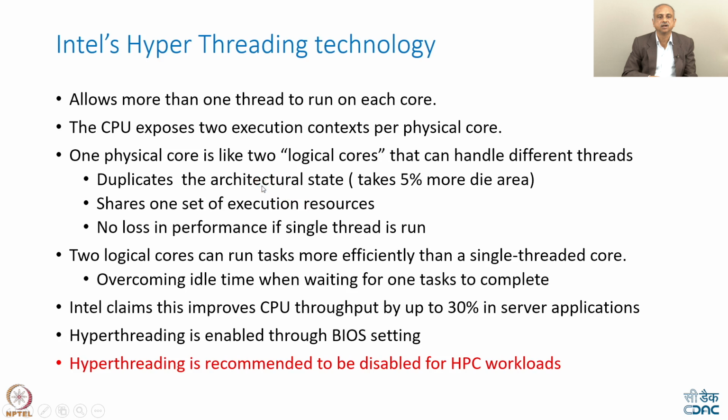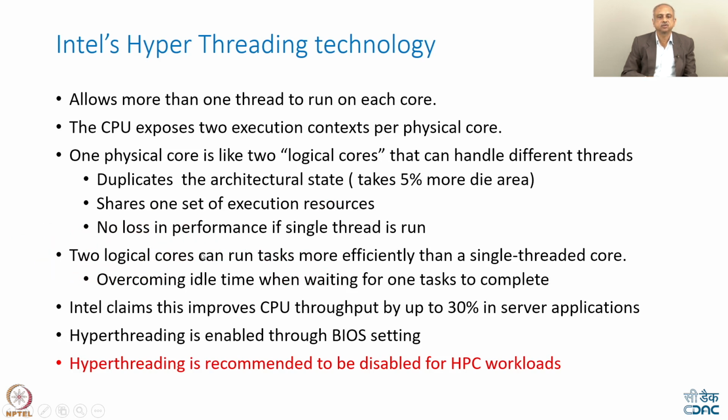and as a result, if you are running a single thread, there is no loss, but when you are running a multi-threaded application, you have a mechanism by which two threads can run on a single physical core, which are treated as 2 logical cores.